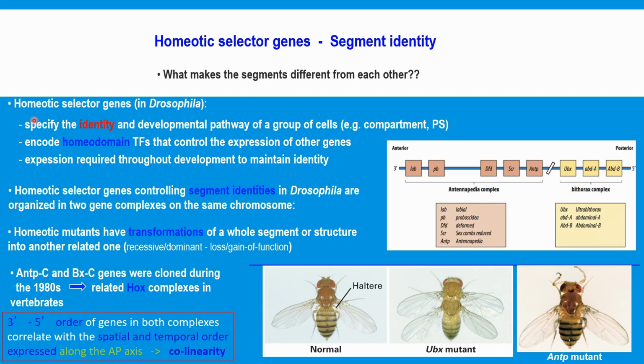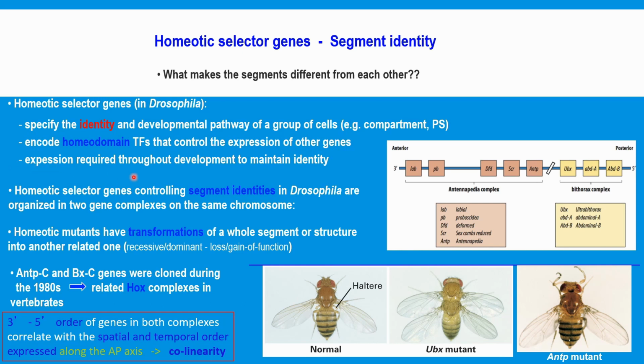So the homeotic selector genes specify the identity and developmental pathway of a group of cells, for example, in a compartment or in a parasegment. They encode homeodomain transcription factors that control the expression of many other genes.